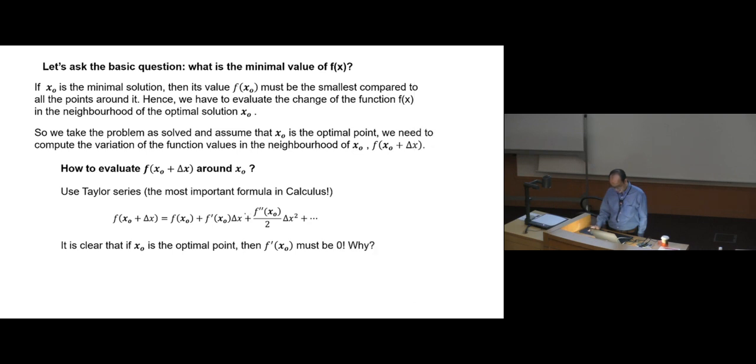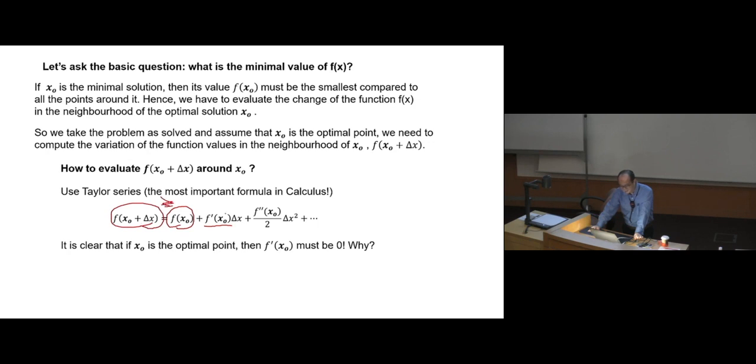How do we prove that? If this is not 0, let's say I want to say this is the minimum value. Then for any delta x, this has to be bigger than or equal to.